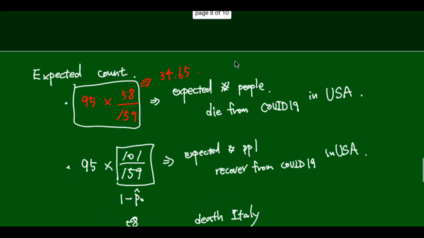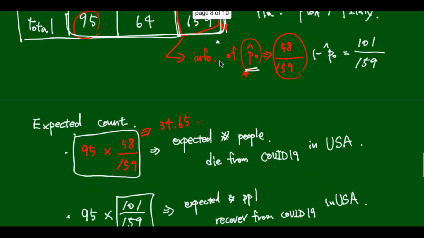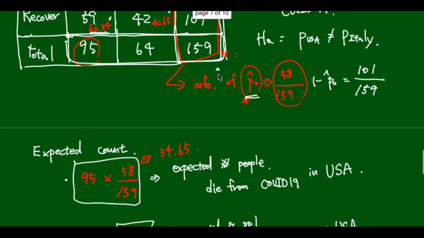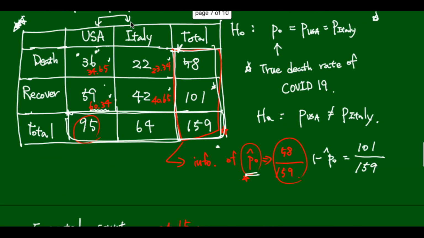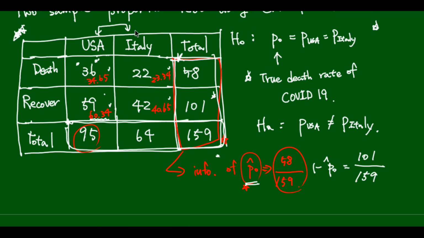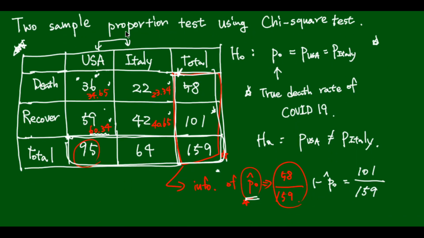My numbers are not 36,000. I used this one here, like 36, 22, and my total observation is 159.